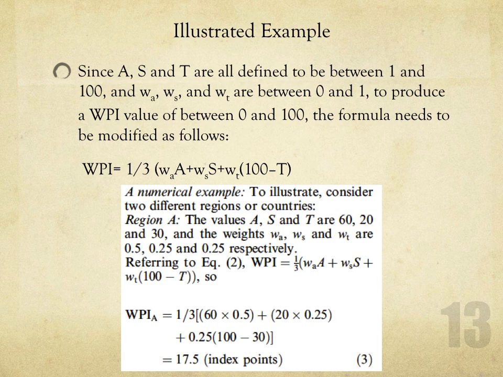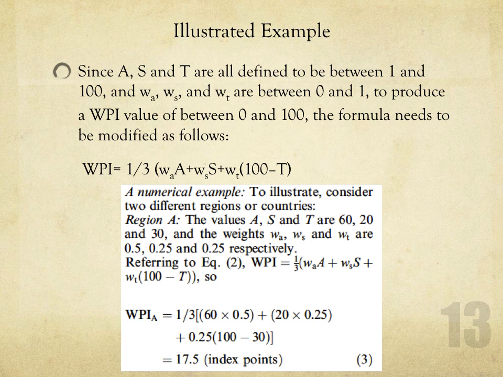So the availability gets more weight here as compared to the other two elements. And then referring to the equation, the actual formula has also been illustrated. That is, water poverty index for region A equals 1 by 3 into bracket, and into sub bracket 60 into 0.5, bracket complete, plus another bracket 20 into 0.25 plus 0.25 in bracket 100 minus 30, and the small and the big bracket complete, and this entire calculation comes up to 17.5 and gets the index points.